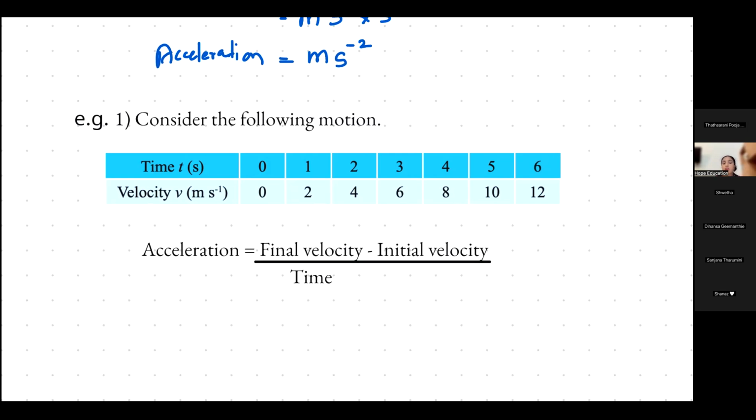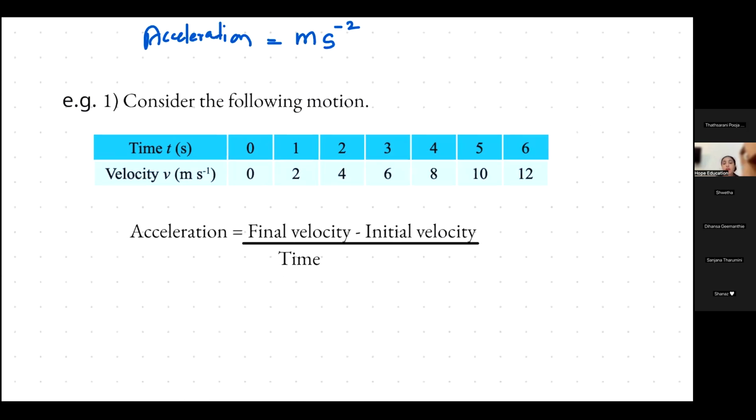Shweta, what is the final velocity here? Well, yes. Final velocity is the velocity where it ends. The velocity where it ends is 12 ms^-1.